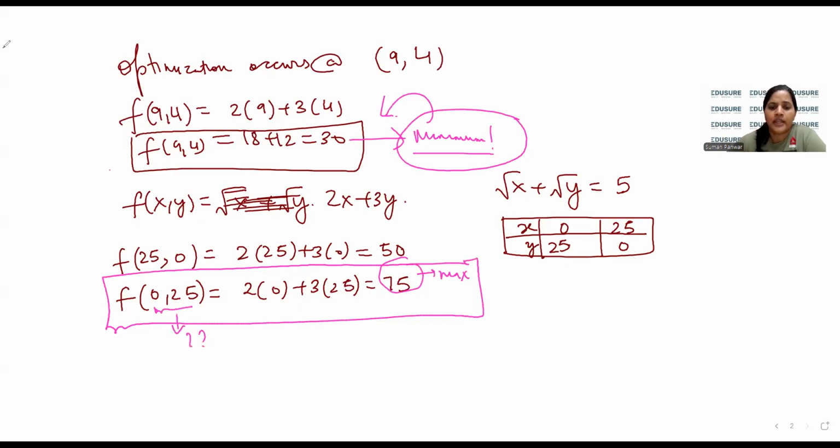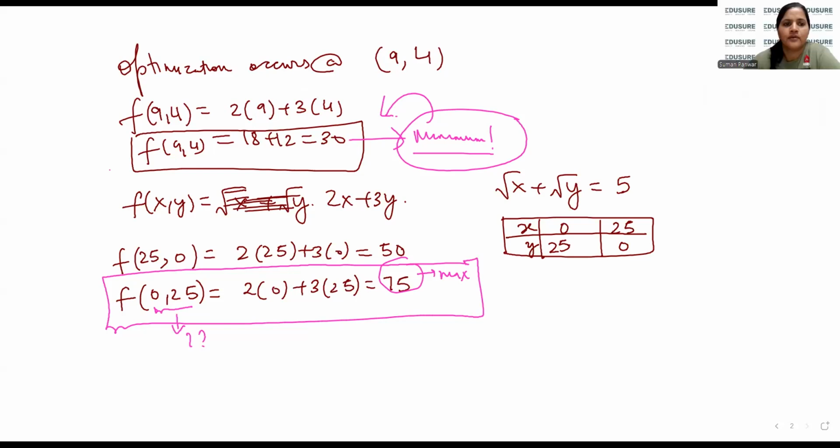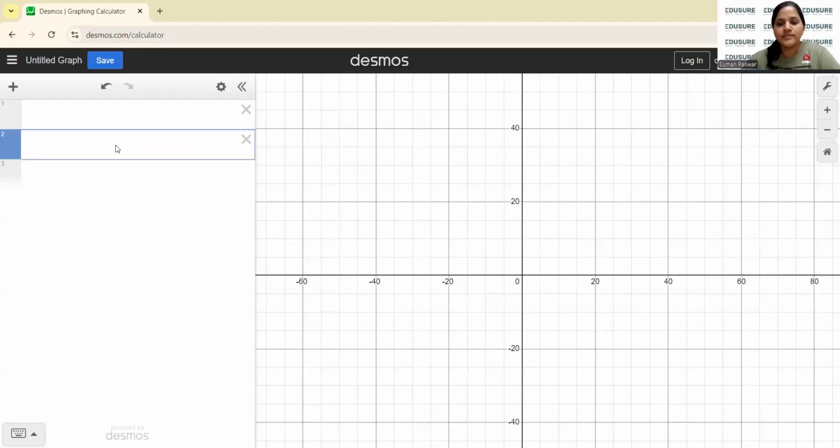Now let us try to see what is happening. Let us see how my graph looks.